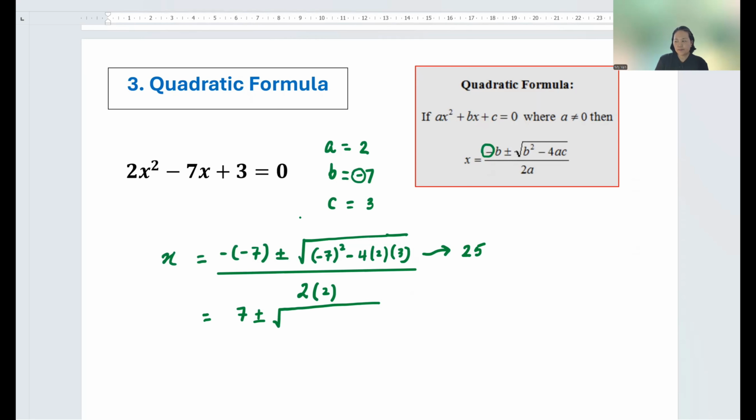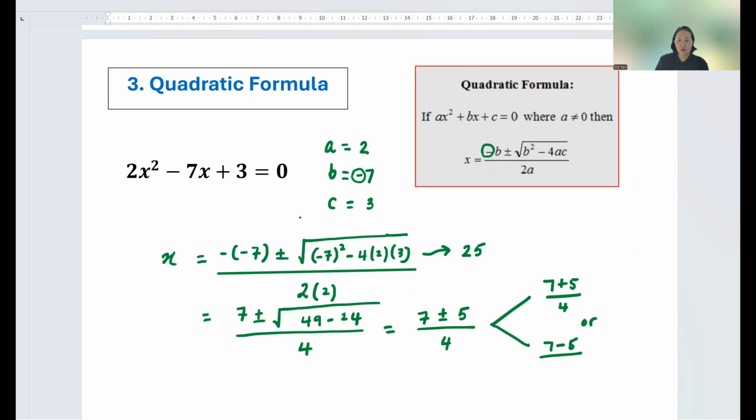So that's 49 minus 24, over 4. So that is 25, and the square root of that is 5. So you can see x is going to be 2 values. Why? Because one of them is 7 plus 5 divided by 4, and the other one is 7 minus 5 all over 4.